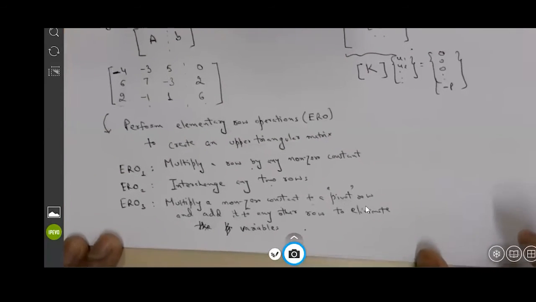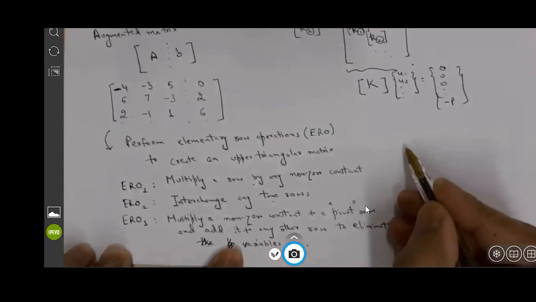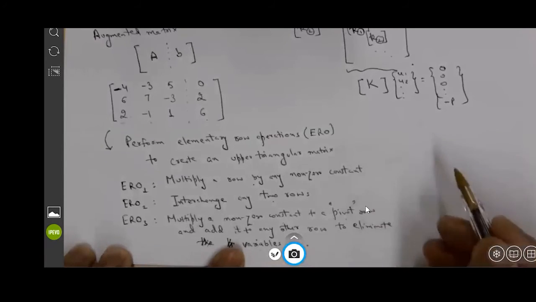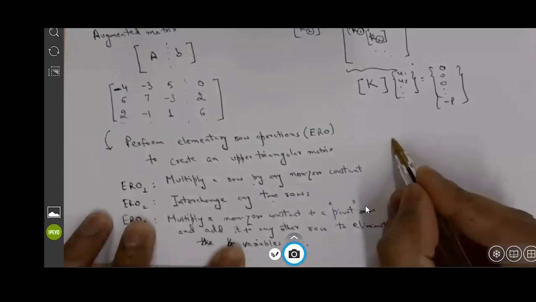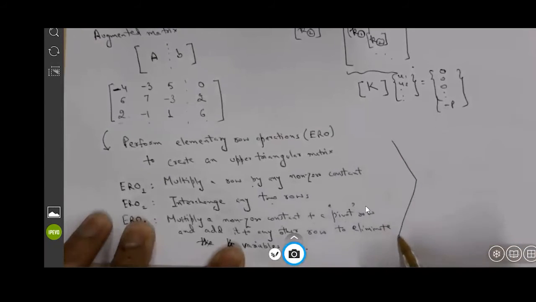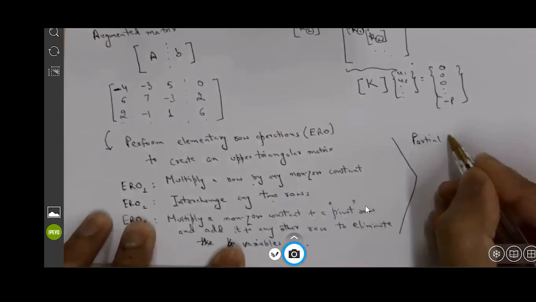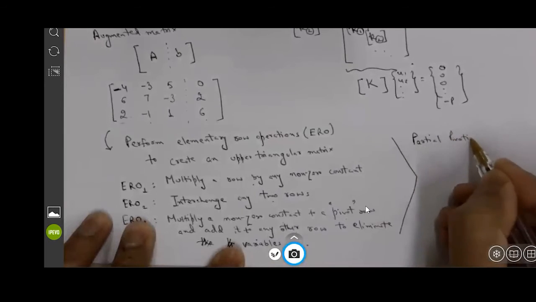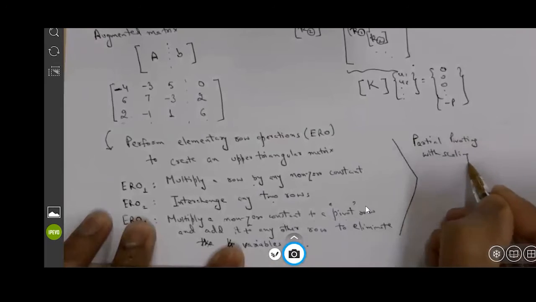It is essentially the same, except that in Gaussian elimination, to make it more robust and more accurate, you use a technique called partial pivoting with scaling.